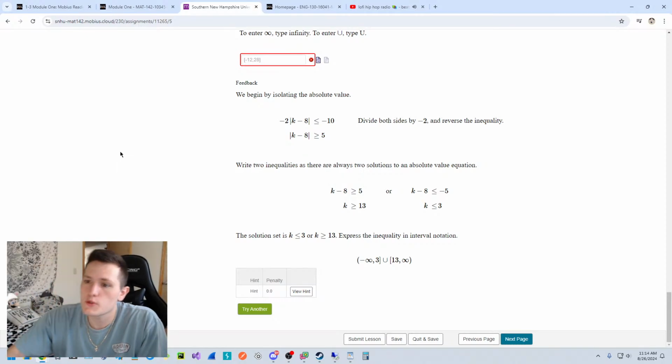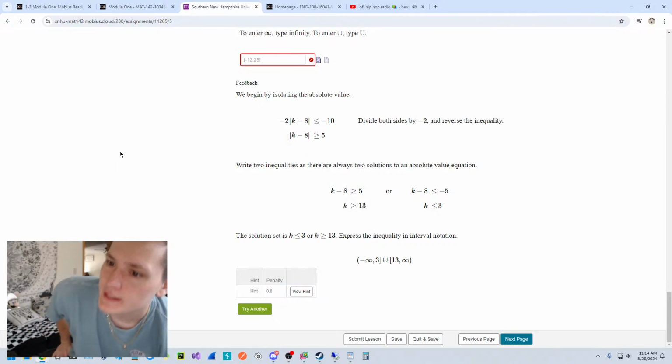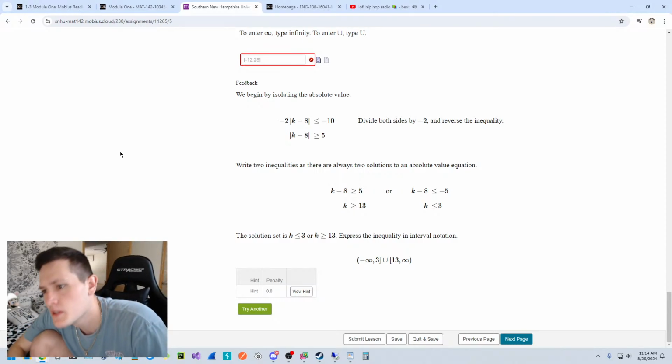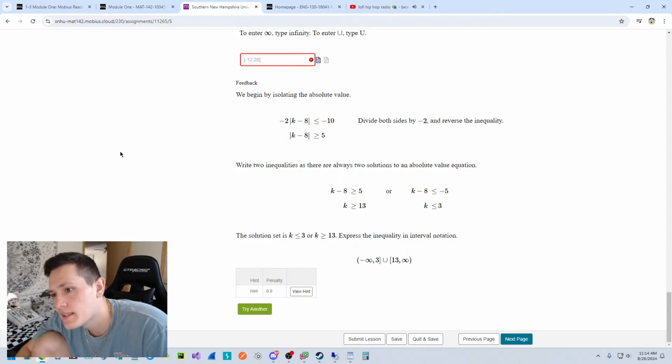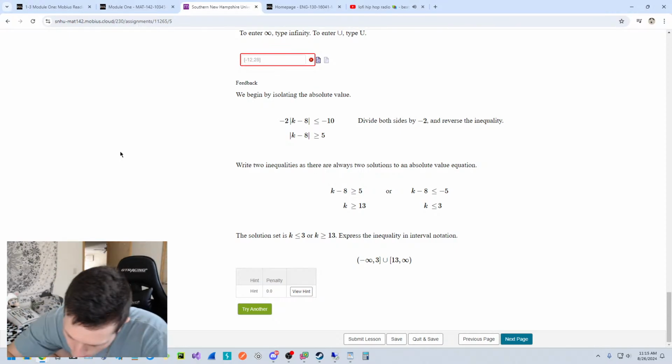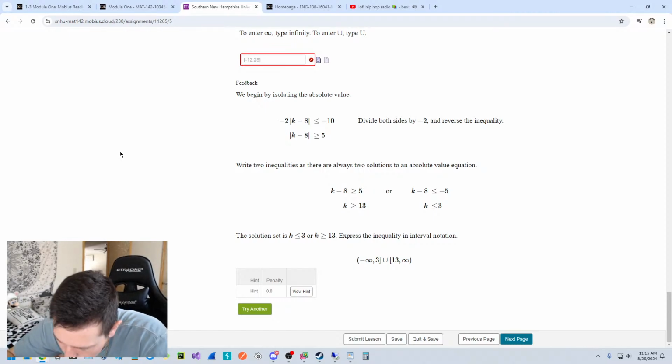So we have to isolate the absolute value, which is negative 10, or is it just negative 2? Divide both sides by negative 2 and reverse the inequality. That would make sense because then that gets rid of your negative 2.